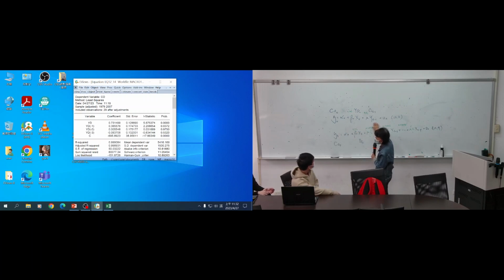If I have Y t minus 1 as an independent variable with the dependent variable, what did you learn from chapter 9? Can you think of anything? The zero correlations. If you want to check the zero correlations, the Durbin-Watson statistic cannot do that.